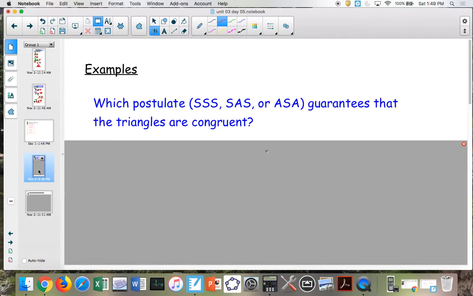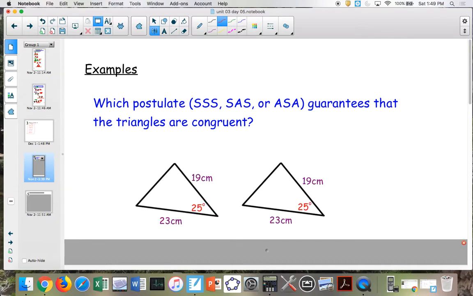So let's do a couple quick examples. Which postulate guarantees these triangles are congruent? Look at the first one here. We've got a side, then we have an angle, and then we have a side. So these are congruent by side, angle, side.